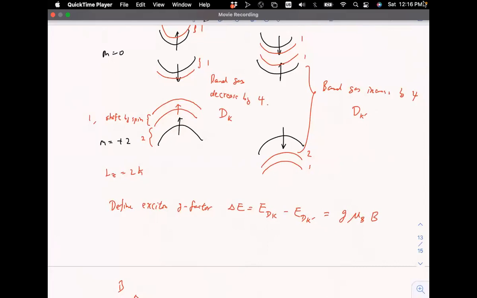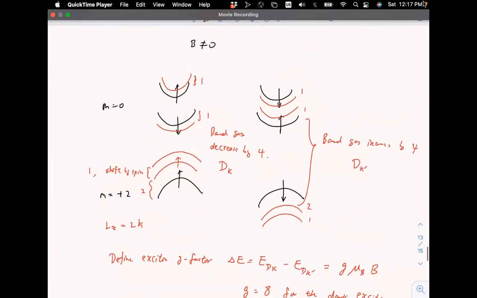So you can already see, g equal to 8 for the dark exciton in monolayer WSe2. That's how we predict it is 8.